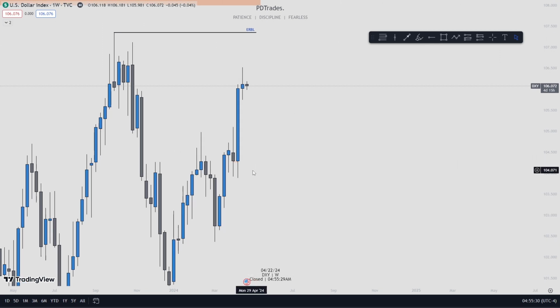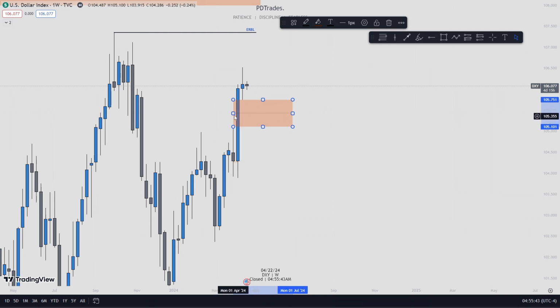But where would my draw be? There is this BC here, buy side imbalance, sell side inefficiency. So there's this fair value gap that I'm looking at. And also inside of that there's an order block.